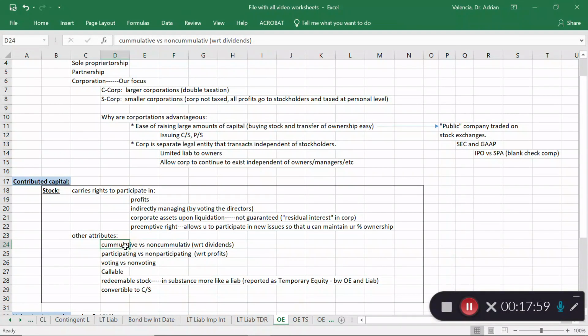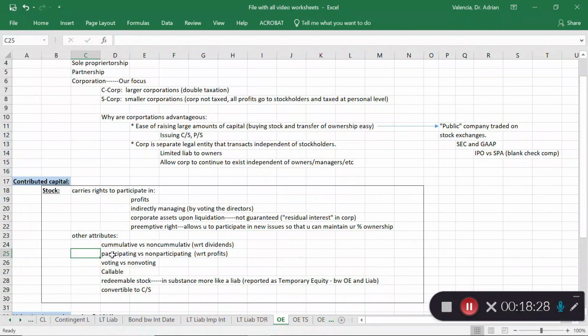So if the attribute of the preferred stock is that it's cumulative, then yes, that $1 from the past, those dividends in arrears is what we would call them, those would have to be paid out first before anybody else. So in that case, you would pay $2 of dividends, $1 for the previous year and then $1 for the current year. If it's non-cumulative, any dividends in arrears are lost. Okay, so that's kind of the thing. So obviously having a cumulative preferred stock is better.